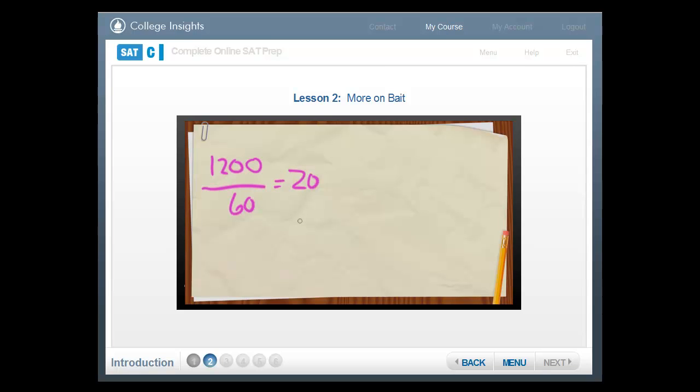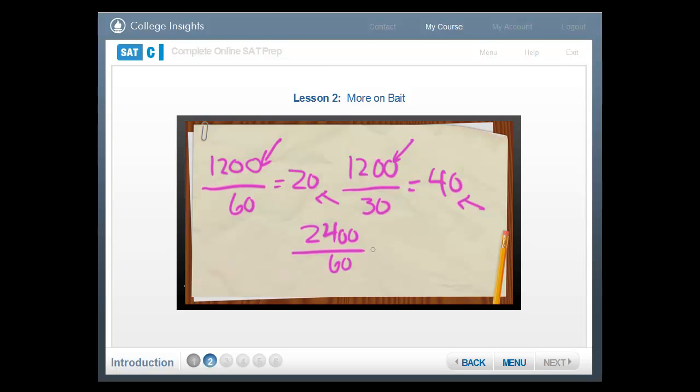And then for the second part, he's still going 1,200 miles, but this time he's driving 30 miles an hour, which is going to take him 40 hours. So our total distance traveled is going to be 1,200 plus 1,200, which is 2,400. And our total time is going to be 20 plus 40, which is 60. And 2,400 divided by 60 equals 40, which is the correct answer.